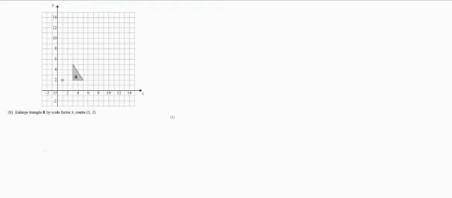The question says enlarge triangle B by scale factor 3 by the center 1 and 2. And he has given me the center. Now let's answer the question. We must first count the number of squares from each point to the center of enlargement.